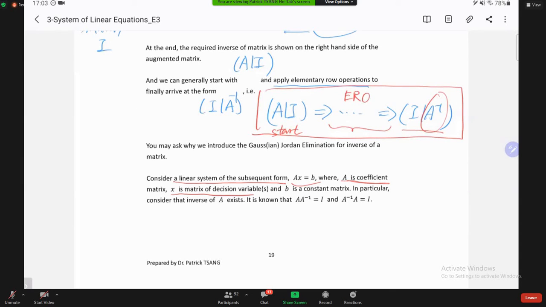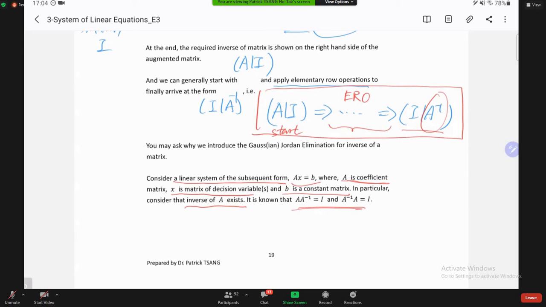We call it a matrix of decision variables only. B is a constant matrix, a matrix consisting of the constant terms for the different equations. So don't forget that we need to assume the inverse of the matrix exists, such that the following two relationships, or identities, hold.